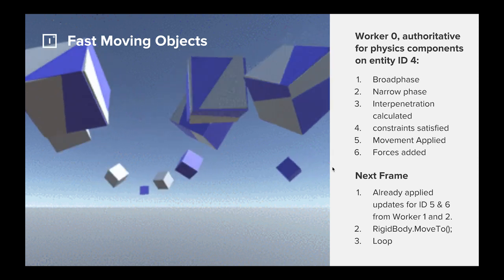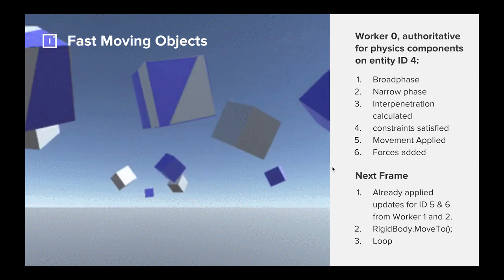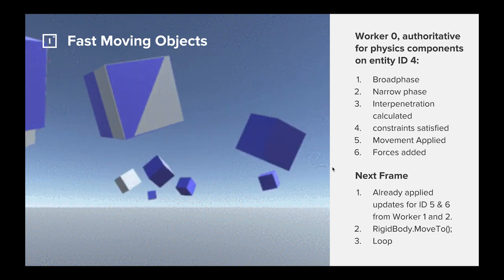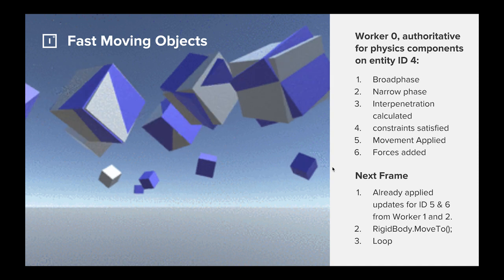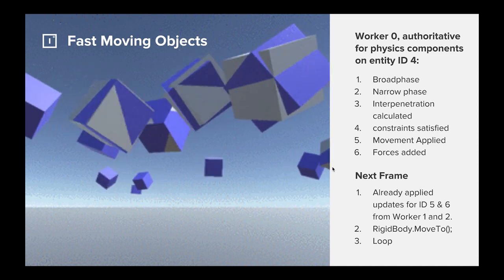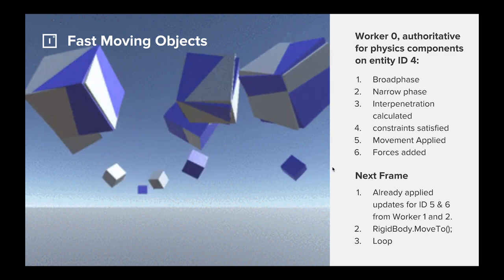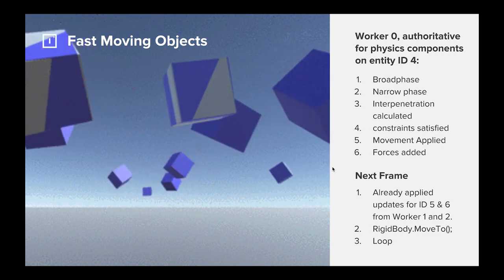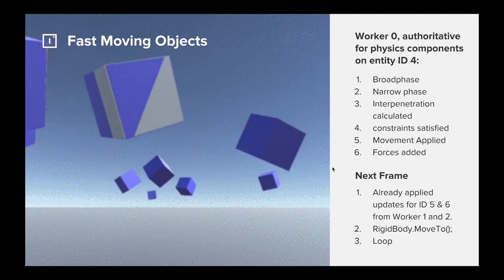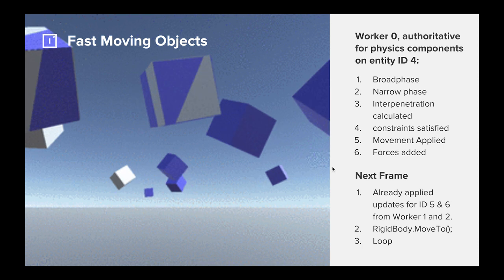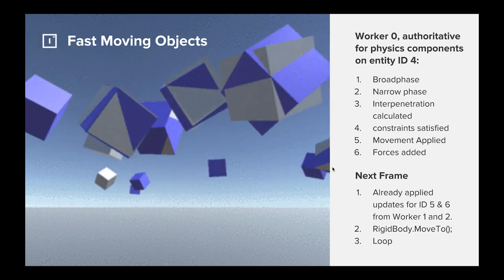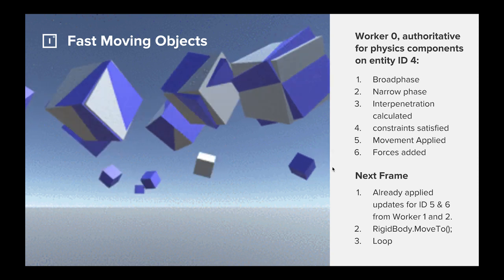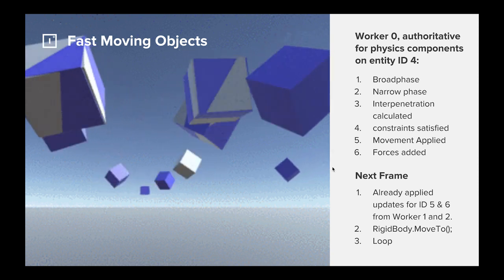On the next frame, the next time we've looped round and we're doing the next physics tick, we already have the messages from the other workers with regards to where they think their entity belongs. Meaning that now we can use a standard distributed system election algorithm, and say something along the lines of, hey, I'm the worker that has the lowest entity ID within this group of colliders, so everyone take my opinion of this.